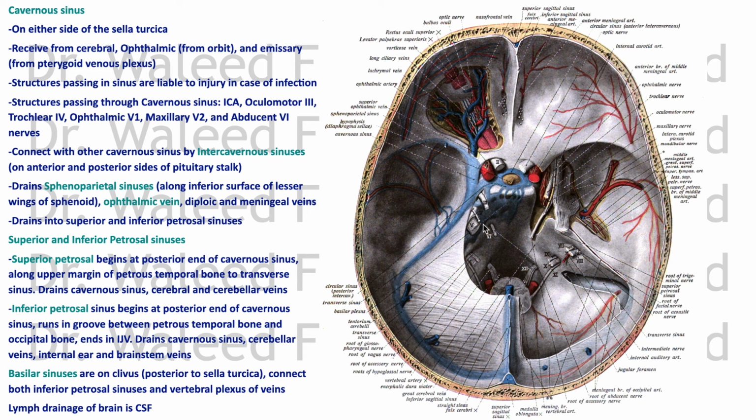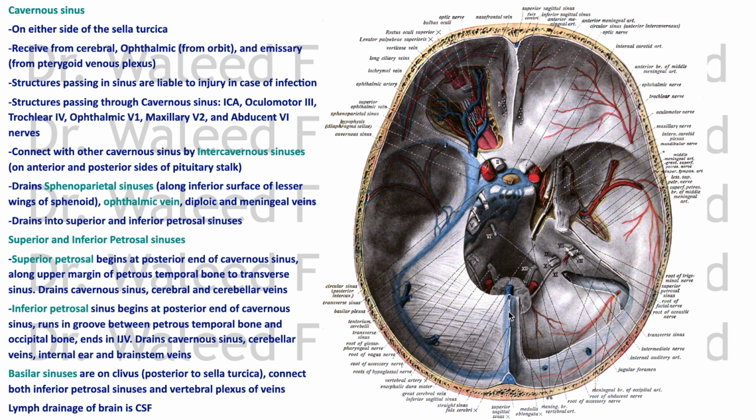So these are the connections of the cavernous sinus. It's important even as a topic for a short essay. It's great for questions, the cavernous sinus. Don't neglect it, please.